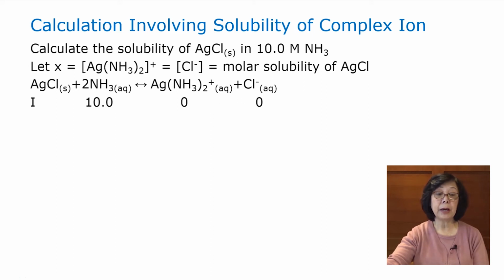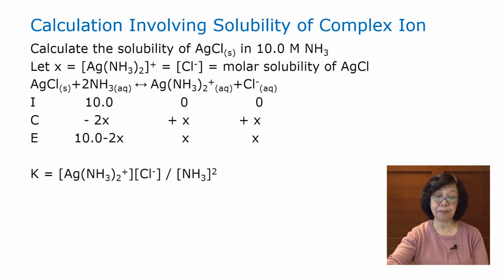We start out with 10 molar for the ammonia and nothing for the complex ion and chloride ion. We remove 2X from the ammonia. We add X molar to the complex ion and the chloride ion. And finally, at equilibrium, we have 10.0 minus 2X for the concentration of ammonia, and X and X being concentration of the ions.